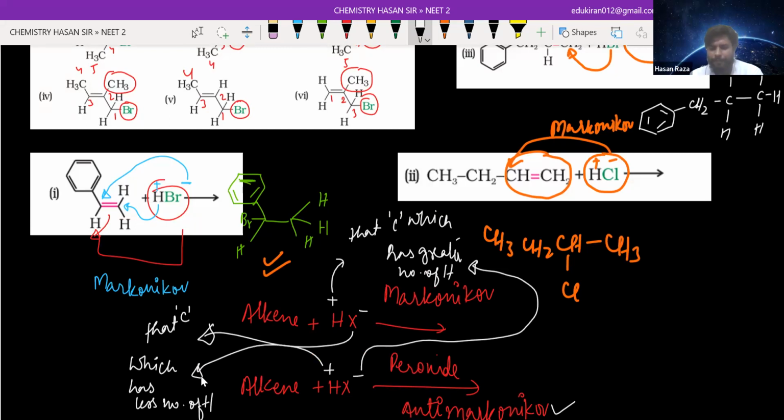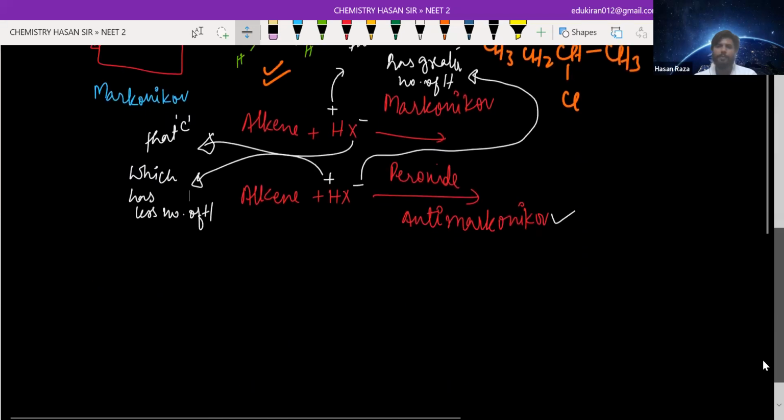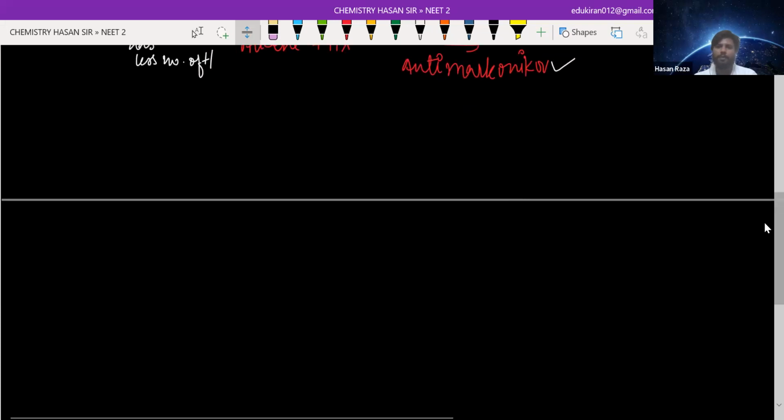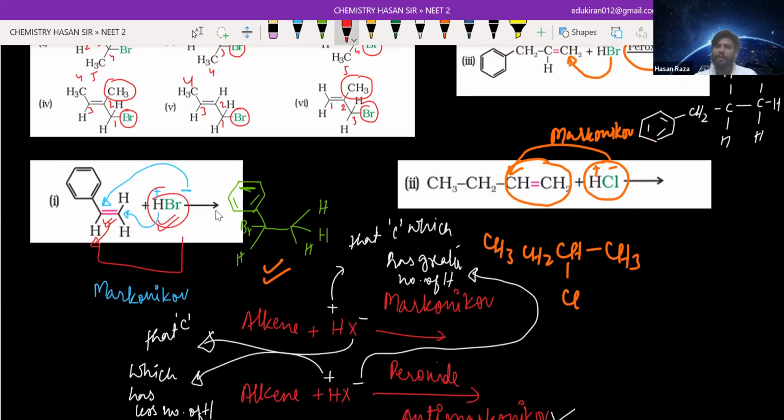Rabia. Okay. If you're still not able to understand, just let me know. So you can see this is your double bond, and this is your HBr without the presence, basically absence, of peroxide.